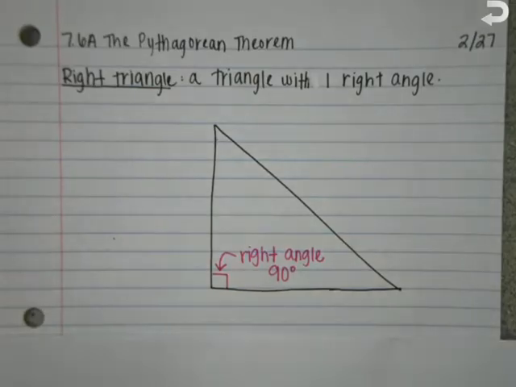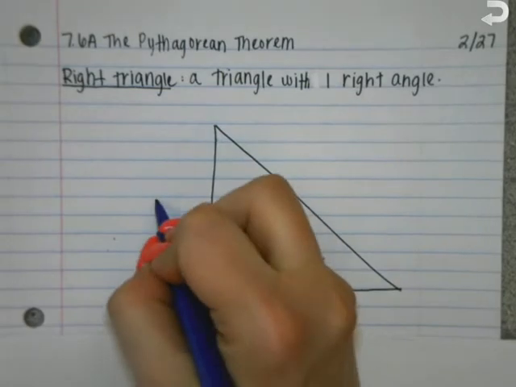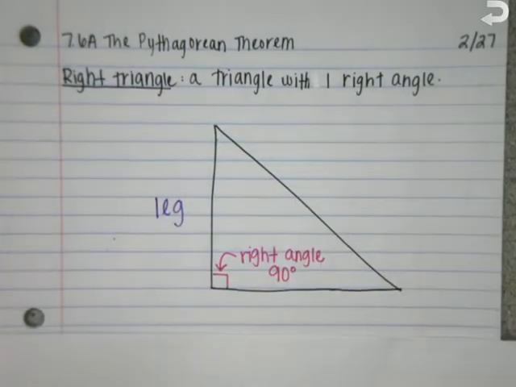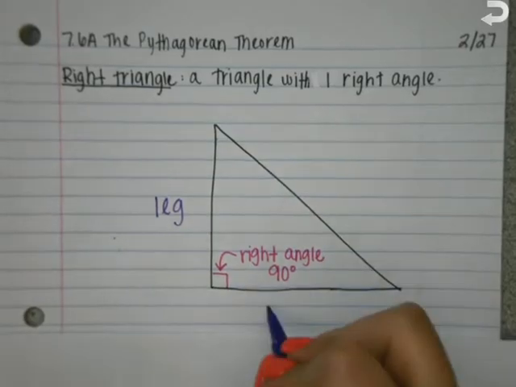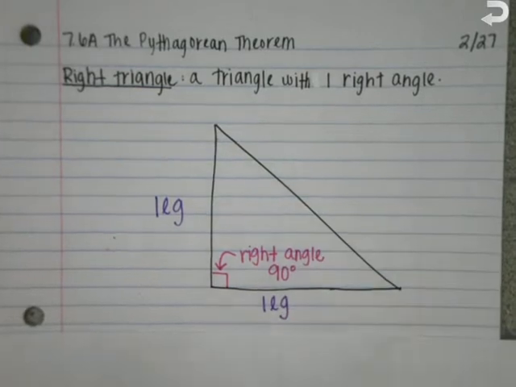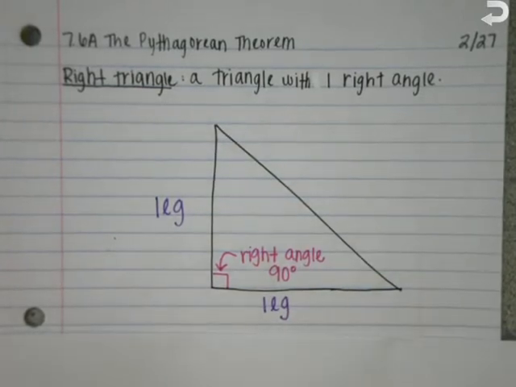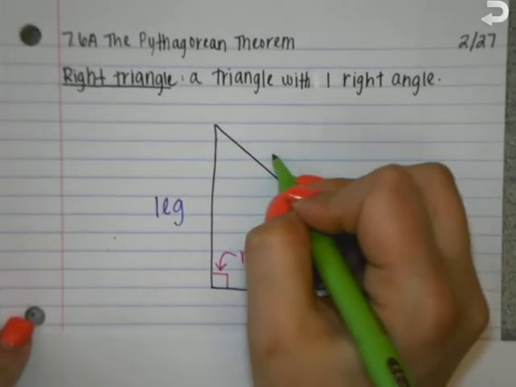Now, according to our two definitions, we have two legs and a hypotenuse. One leg is right here, so we're going to label it for right now. And the other leg is along the bottom. And the hypotenuse is that diagonal.